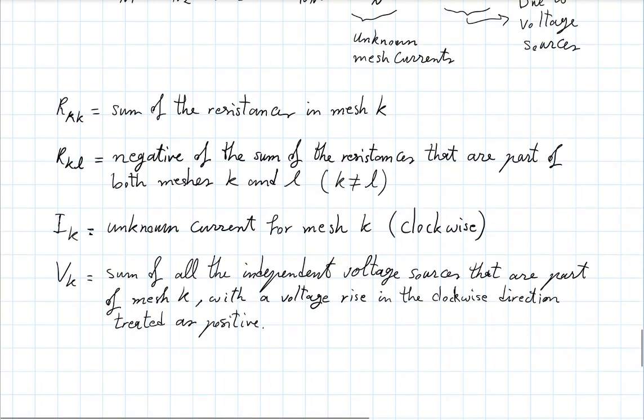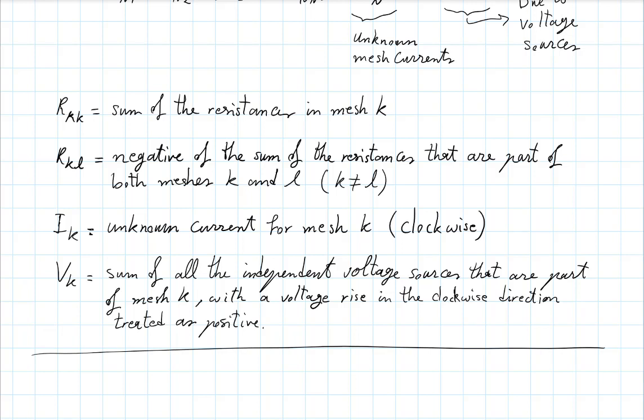Okay? Again, nothing magical here. Just look at the couple of mesh analysis examples that we've done and see to what degree you can apply this recipe, and make sure that I'm saying things correctly here. Okay?